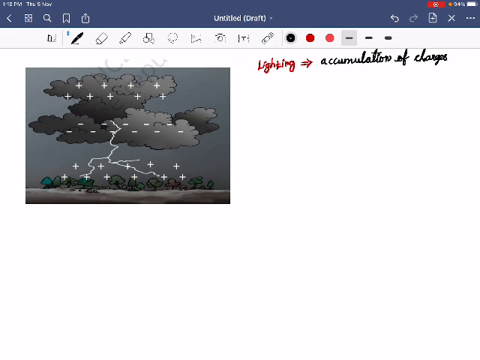When the rain is happening, the water droplets try to go towards down, and due to the heating effect the charges try to move upside.